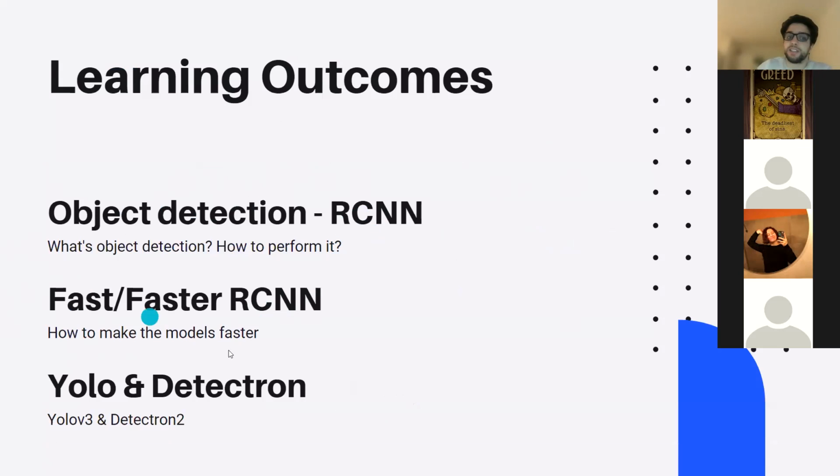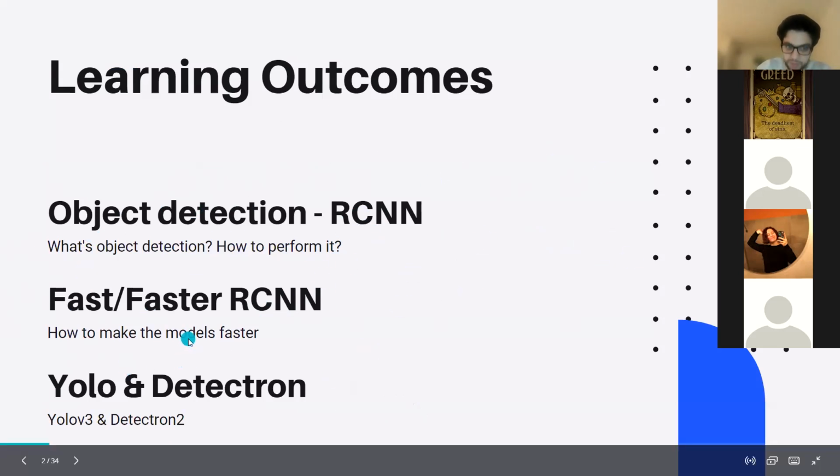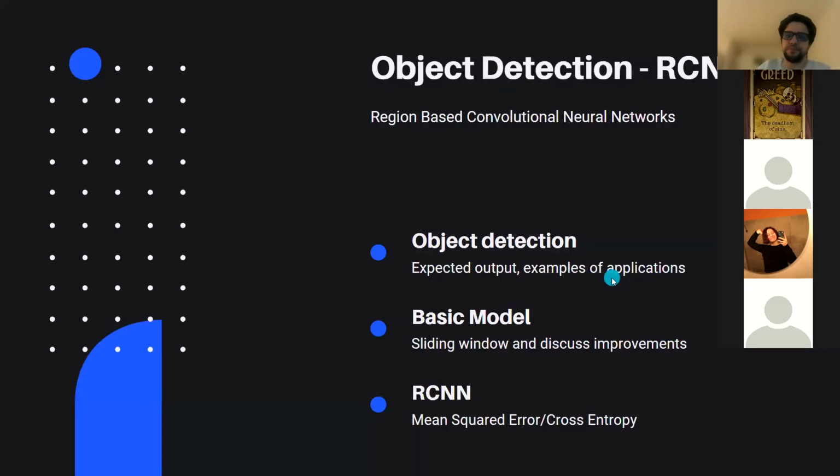Then we spoke about Fast and Faster RCNN, which are part of the RCNN family, and finished with a small revision about YOLO.